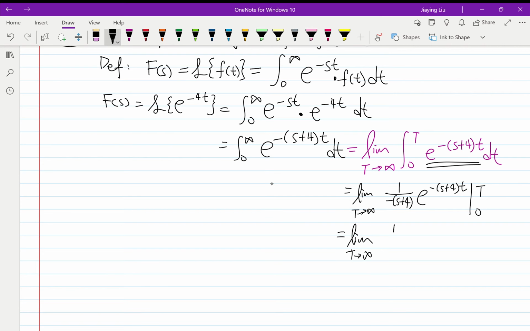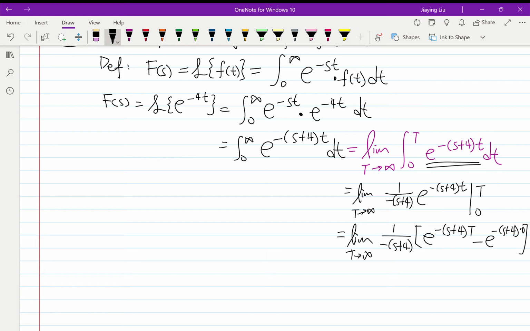What do we have? We have 1 over negative (s plus 4). Again, s here, don't worry about what it is. Just treat it as a constant when we work with t, lowercase t or capital T. So that's going to be e to the negative (s plus 4) capital T minus e to the negative (s plus 4) times 0, which is good.